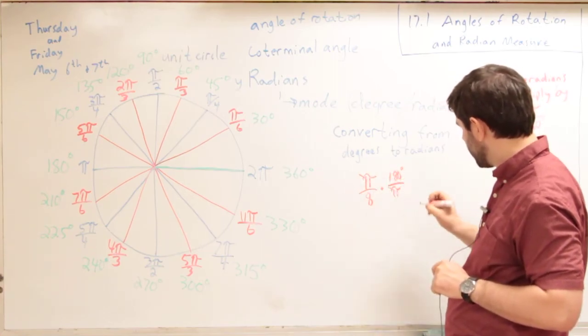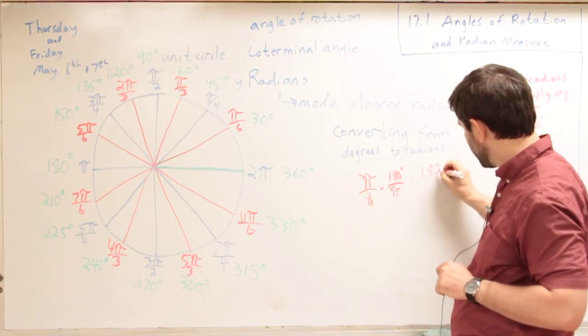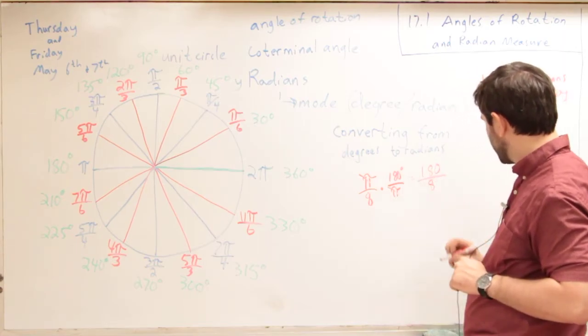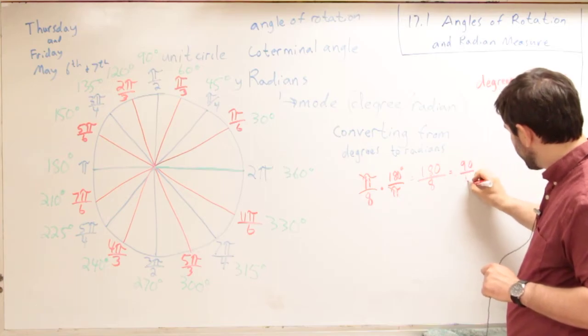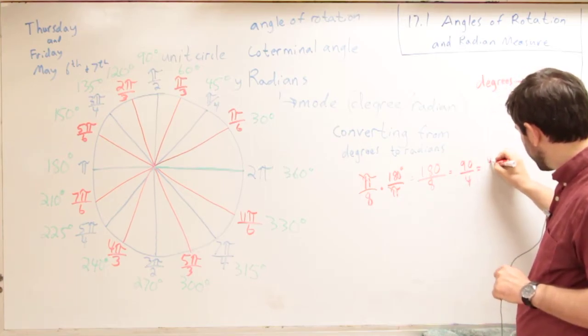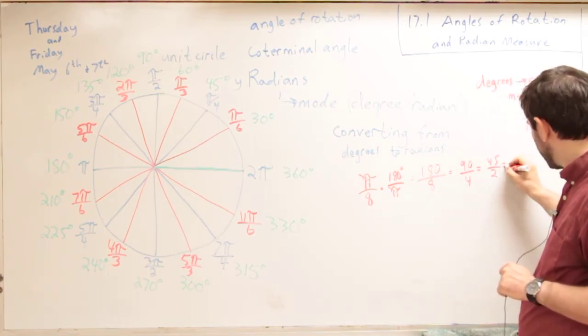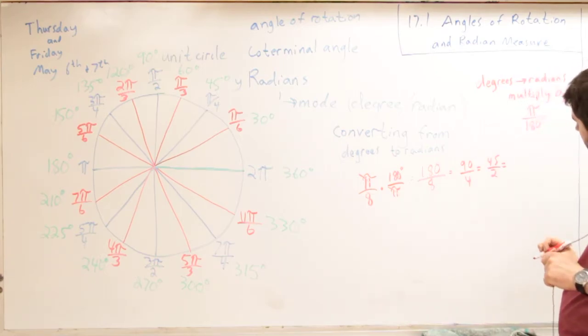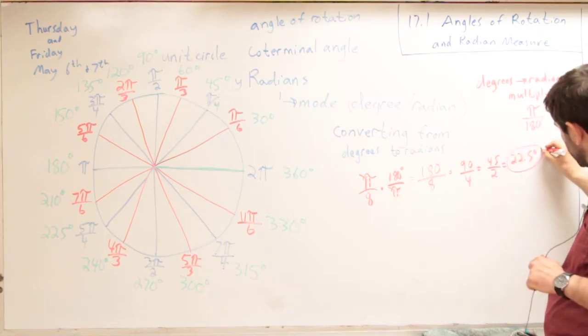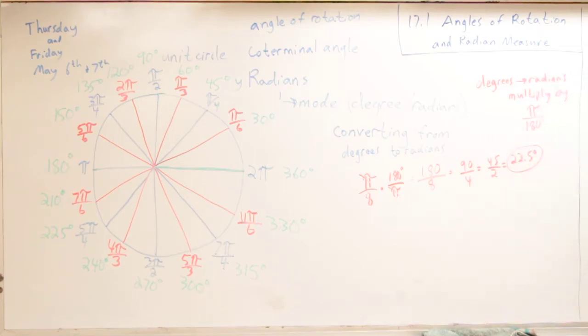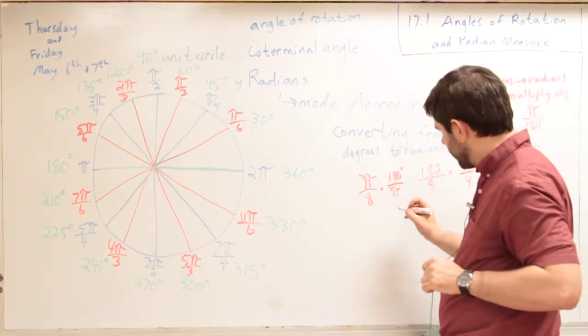Pi's will cancel, so this will be 180 over 8. Divide them both by 2, we'll get 90 over 4. Can divide them by 2 again, we'll get 45 divided by 2. And in degrees, this will be 22.5 degrees. Just simplifying fractions there.